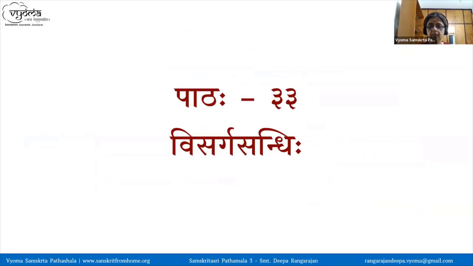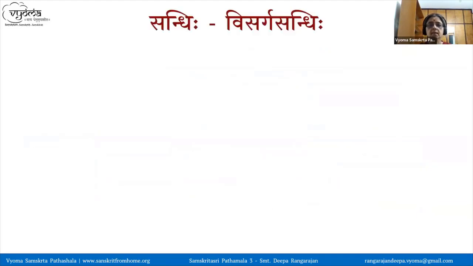So now we will start visarga sandhi. So the visarga sandhi is a separate part because the visarga follows a vowel. We saw that anuswara and visarga always come after a vowel, and such a visarga can undergo various kinds of changes.